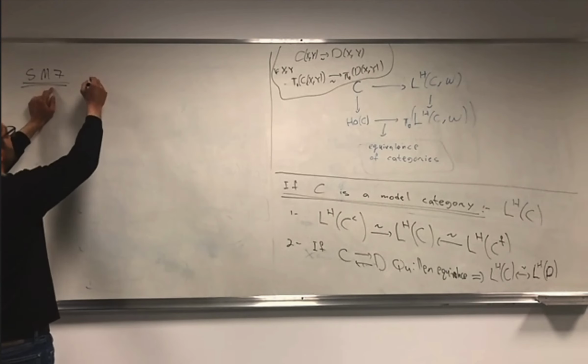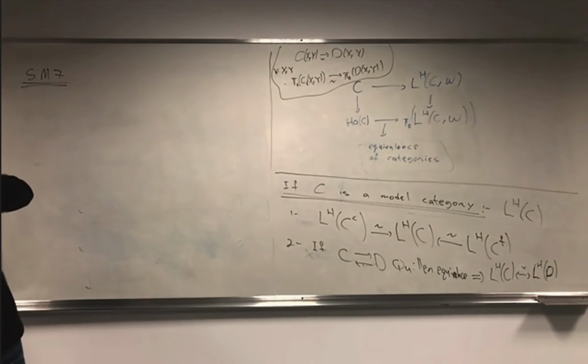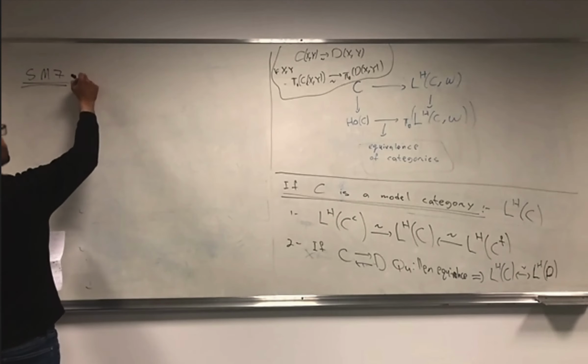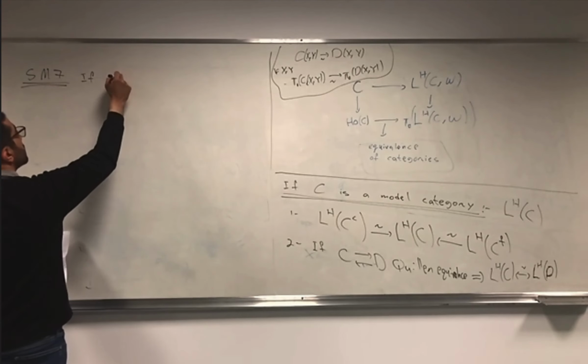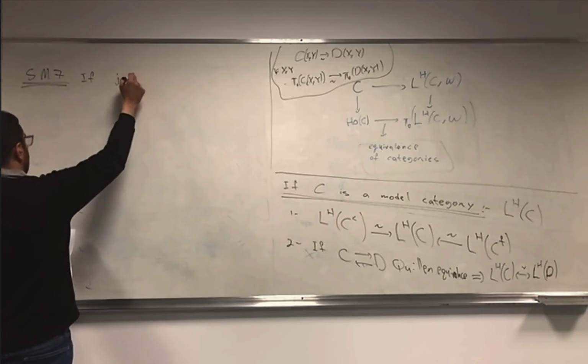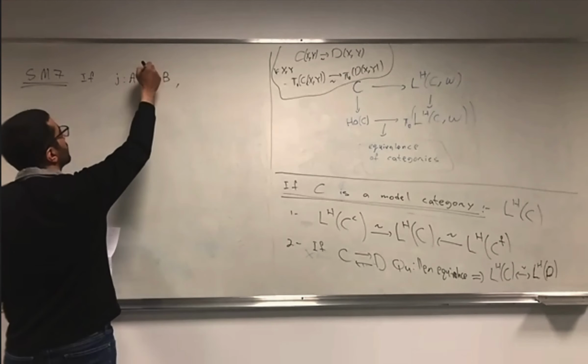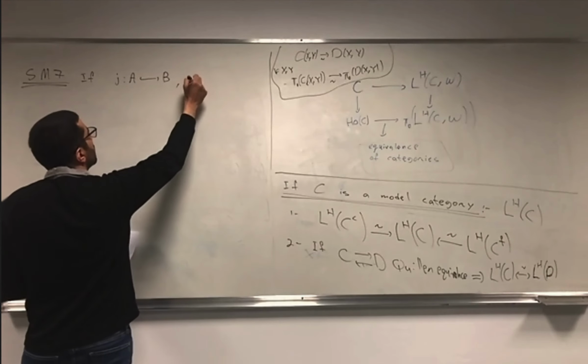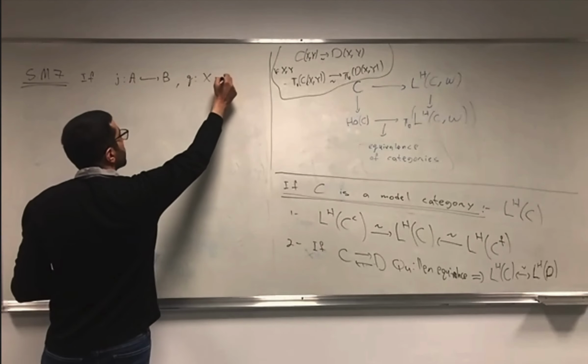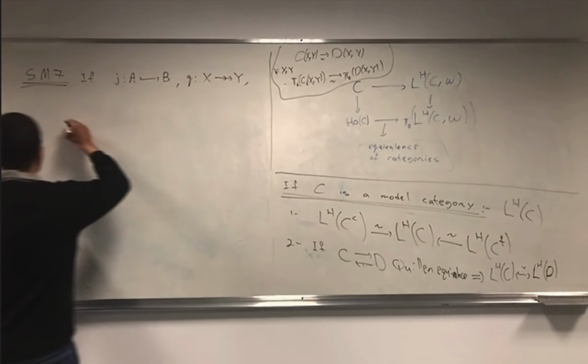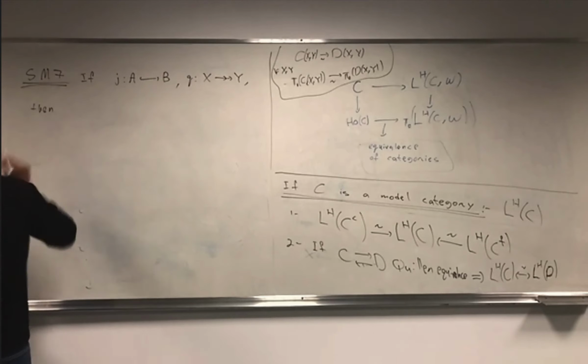The property says that for every, using the notation here, if g from A to B is a cofibration, I mean an cofibration, and q from X to Y is a fibration, then let me show something.